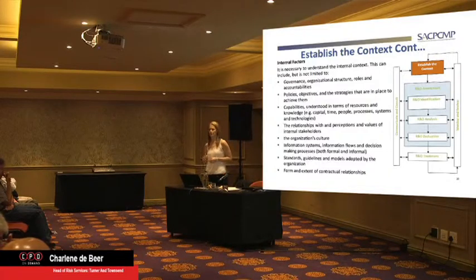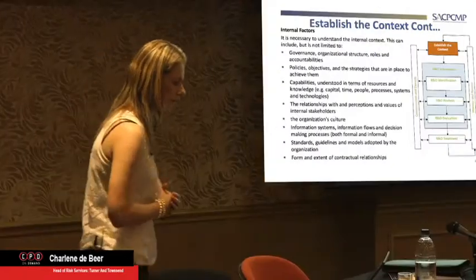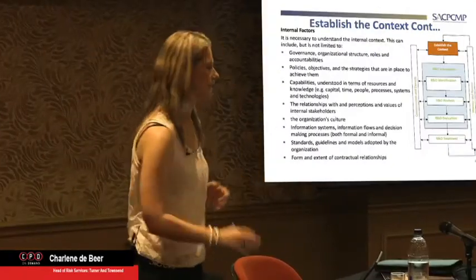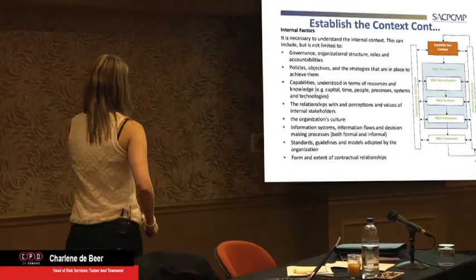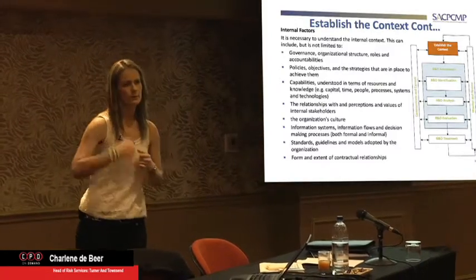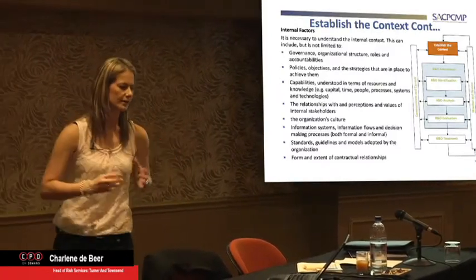Do you have the time? Do you have the resources? So do you have the capability of doing this project or what you're intending to execute? And then the relationships and perceptions, values that you have with your external stakeholders, what's your organization's culture. So before we can identify the risk, we need to know what the company's objective is, what their strategy is, and we do that all when we establish the context.